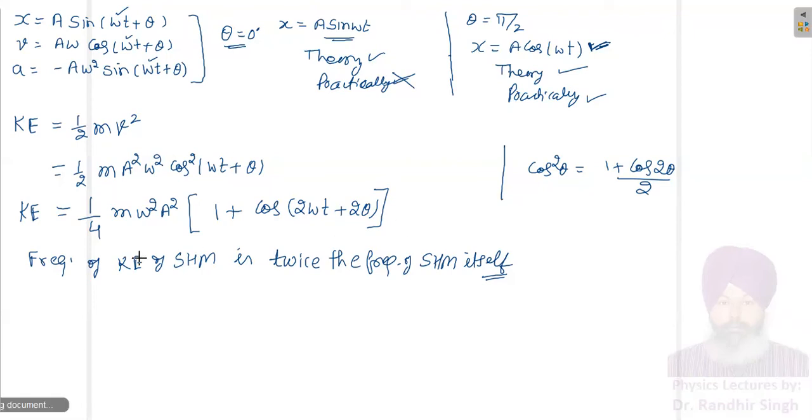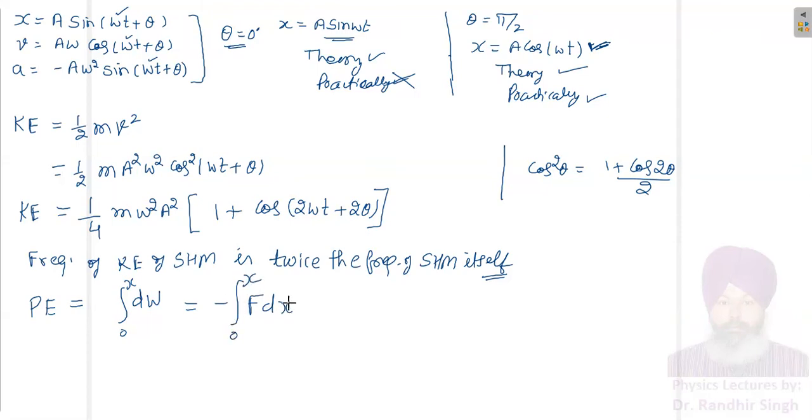So let us now do potential energy, then total energy, then I will stop. What will be the formula for potential energy? To find it, you will see that the small amount of work done dW, integrated from 0 to x, will be the potential energy, because potential energy is the energy to stretch the spring. It will be the integral of F dx from 0 to x with a minus sign.